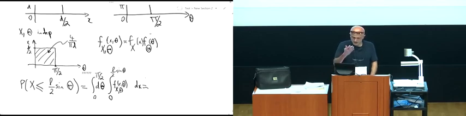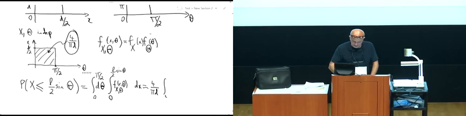It's constant. So I can just pull it out, and its value is this. So I've got 4 over pi d, integral from 0 to pi over 2. And when I integrate, this is gone. So I integrate from 0 to L over 2 sine theta. So I have an L over 2 sine theta d theta.